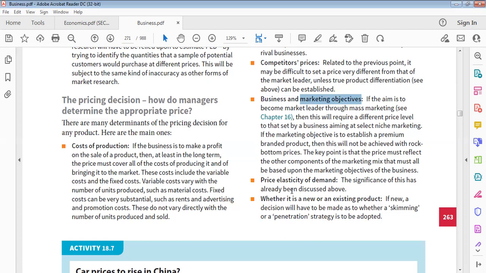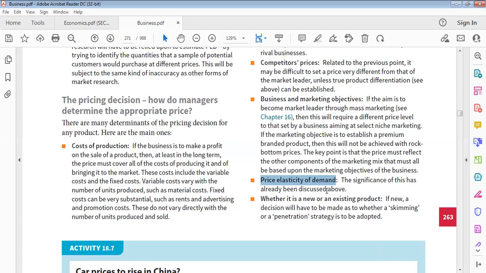And then obviously price elasticity is another important thing, right? You have to understand how is the price elasticity of demand. Are you dealing with a product for which the demand is price elastic, or for which the demand is price inelastic? It depends. If you are selling something like tobacco, you know that the demand for your product is price inelastic.